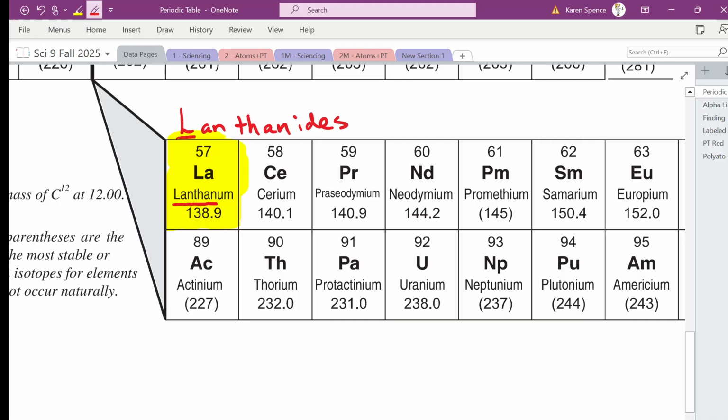Now, our other group starts with actinium. And those are called the actinides.